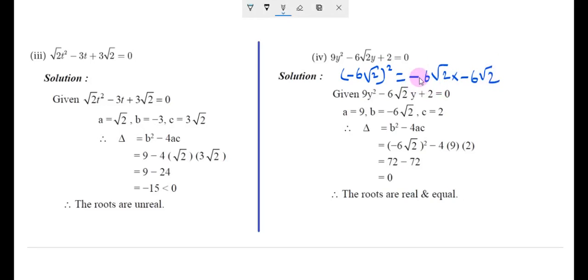First we multiply the signs, so minus into minus is plus. So plus 6 into 6, 36. Now root 2 into root 2 is 2. So 36 into 2, this is 72. Understood?